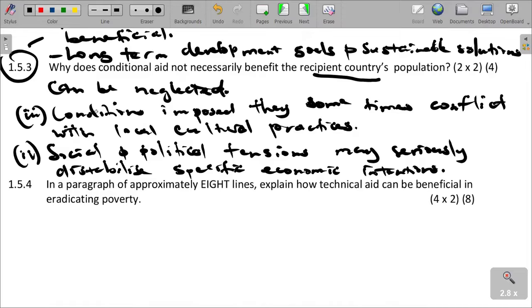So the aid may not meet the needs of the recipient country. Hence, they may not necessarily benefit the recipient country, because the aid has not been well checked to see if it can meet or match the expectations of the recipient country.